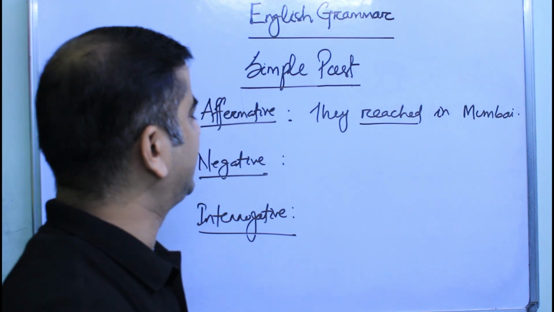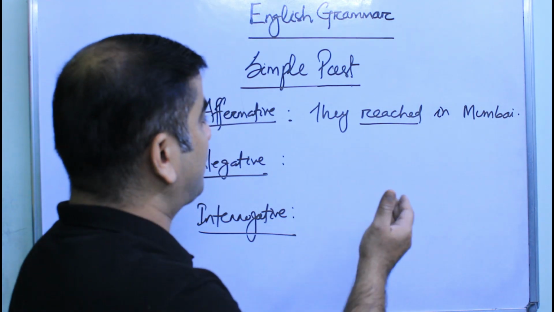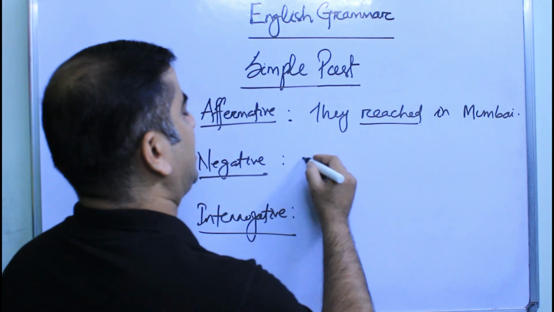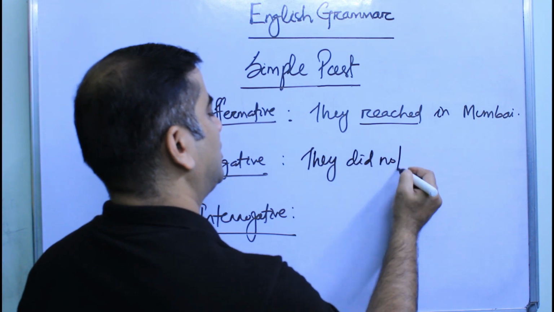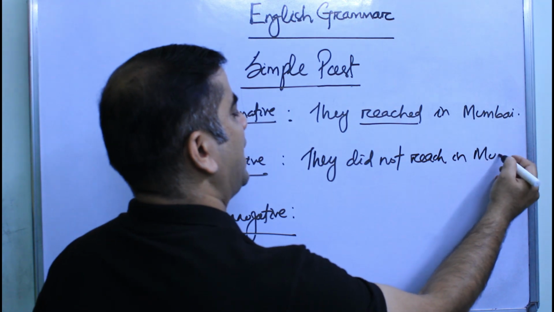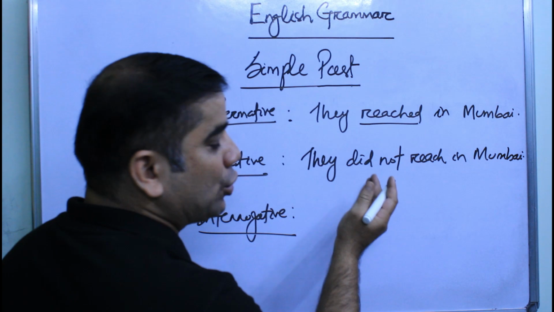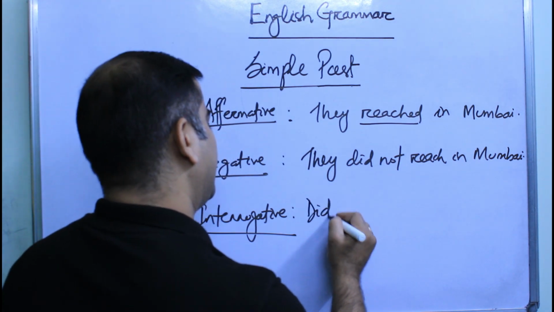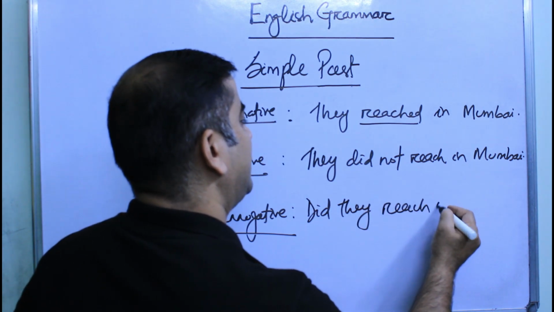So what we have already discussed is that we need to bring did out of the main verb to form the negative and interrogative sentence. Okay, what we need to do? They did not reach in Mumbai. And in case of interrogative sentence, we need to bring the helping verb at front. So did they reach in Mumbai?